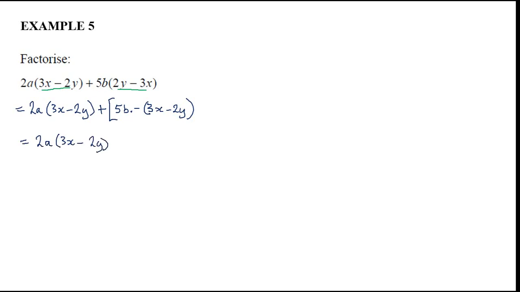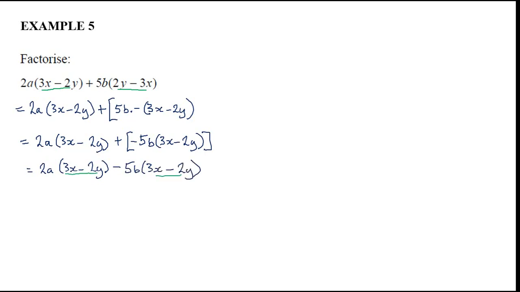Maybe let's just quickly rewrite it like this before we implement our sign change, because this obviously means this whole thing now is a negative, so it's 5b by 3x minus 2y. And if you plus a negative, you end up subtracting, so that means we now have 2a by 3x minus 2y, that plus a negative, so that's now a minus 5b by 3x minus 2y.